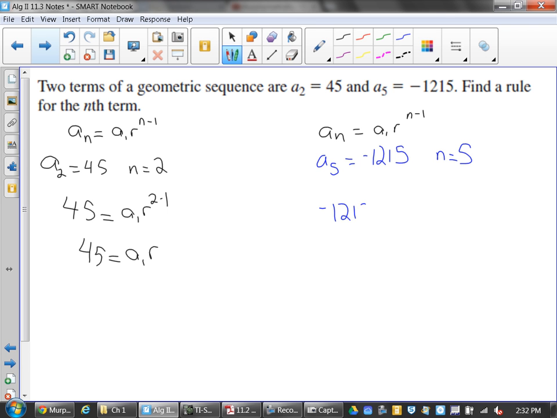Negative 12, 15 is first term, r to the 5 minus 1, otherwise known as 4. If you weren't writing your other stuff, you probably would have seen that. Do we have two equations that kind of look alike?